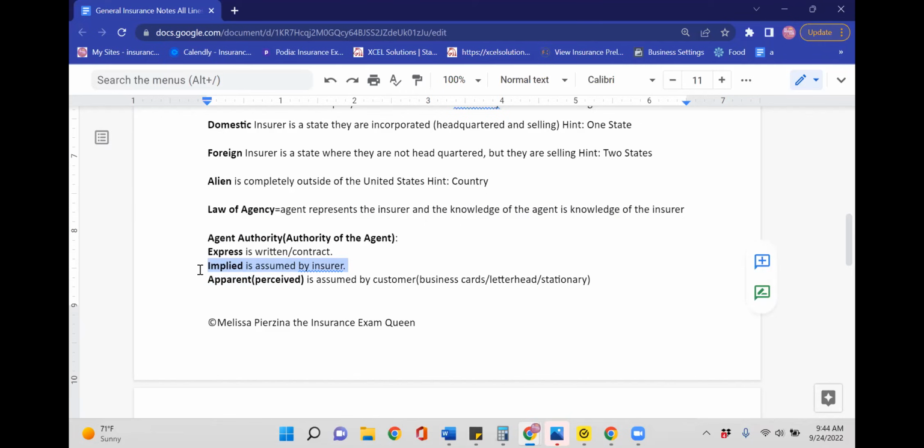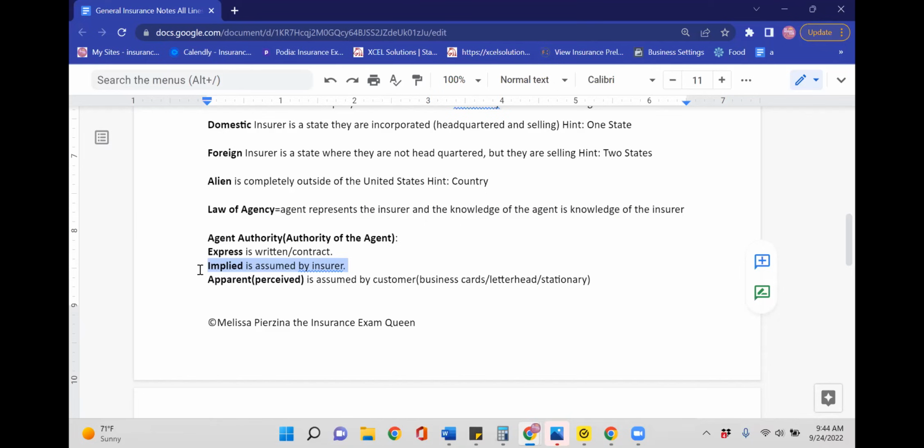So there are certain things that they just assume you can do and handle because you work for them. That's implied authority. It's not written down, but we assume that you can do it. It's just part of the job. So this is power that is assumed by the insurer, but it is not expressly written.